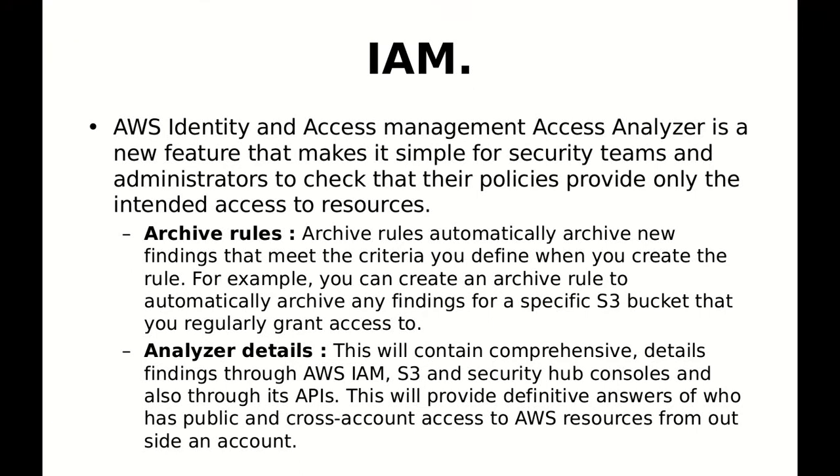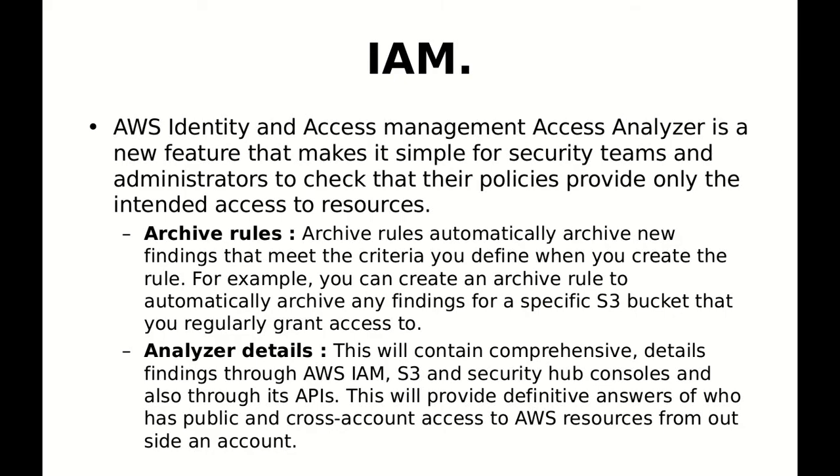Access analyzer is a new feature in IAM that makes it easy for your security teams and administrators to check whether the policies that they have created provide only the intended access to the resources or not. This option can be used by the security team to make sure whatever policies they have created are only providing the access that is intended to the users.